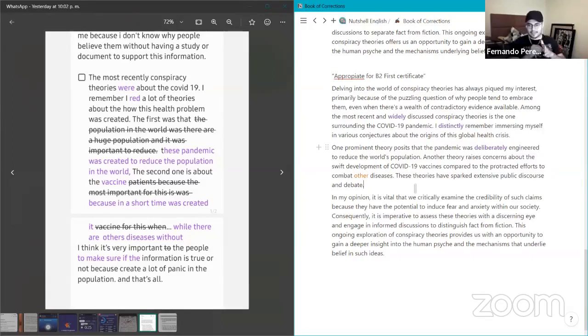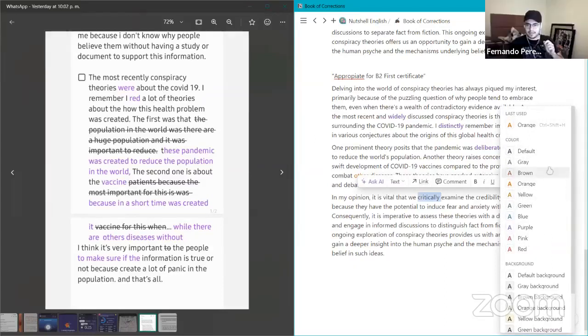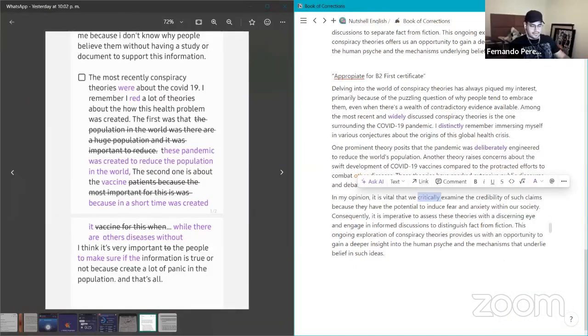Continue. These theories have sparked extensive public discourse and debate. In my opinion, it's vital that we critically examine the credibility of such claims. Examine.